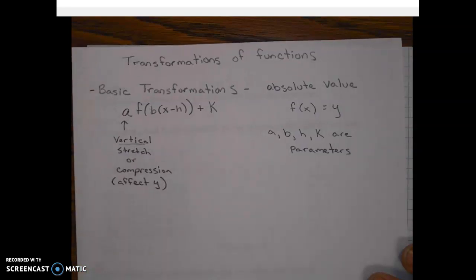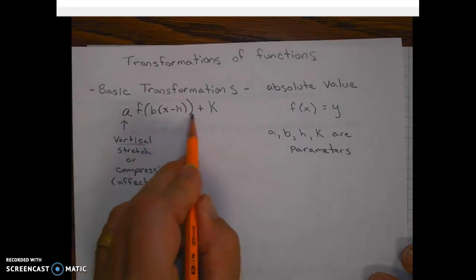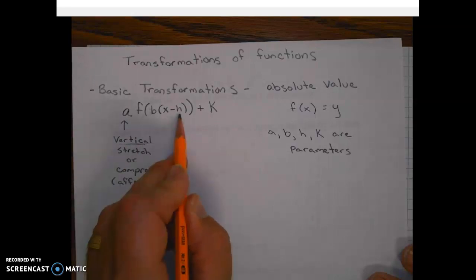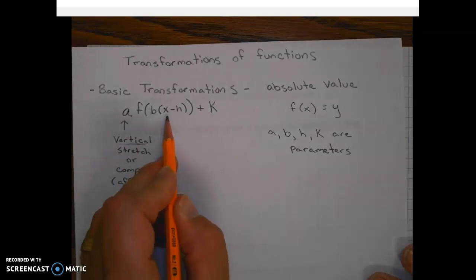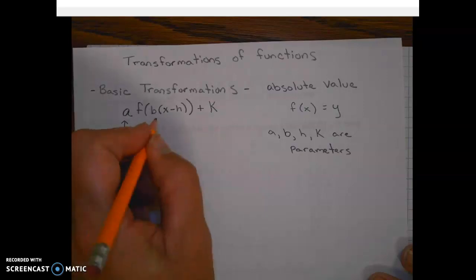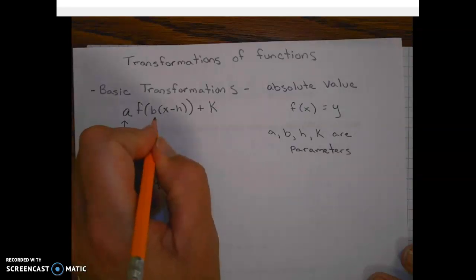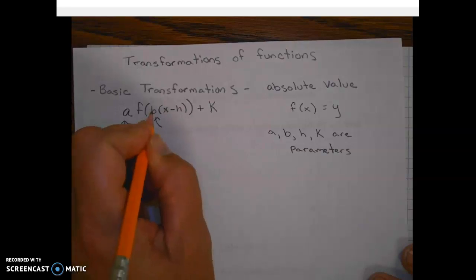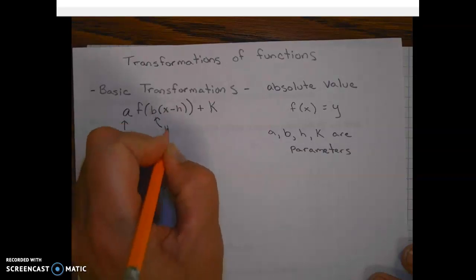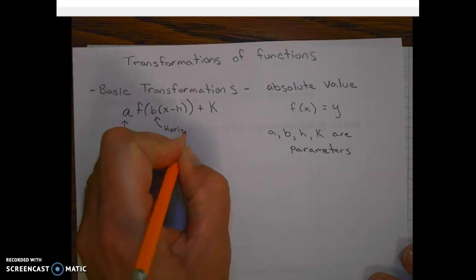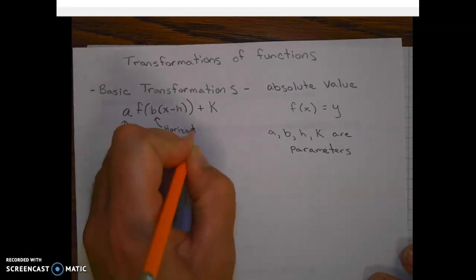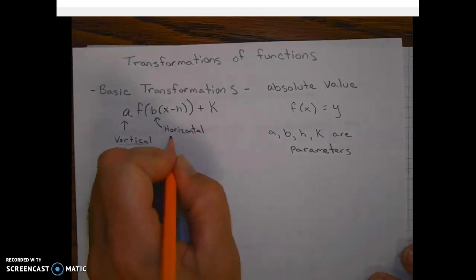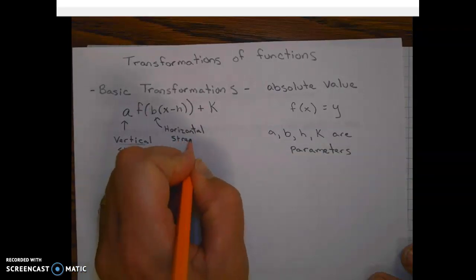Okay? Anything inside the grouping symbol is going to be horizontal. So the b value, which is going to be multiplied times x, is going to be a horizontal stretch or compression.